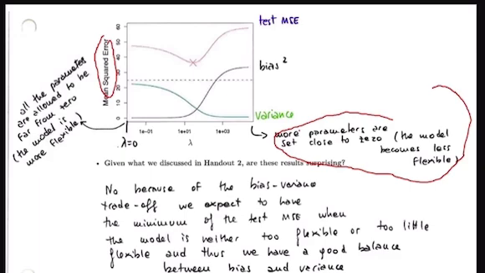So the question now is, what am I going to do? Do I want to set them very close to zero or far from zero? What we normally want is an optimal value of the tuning parameter. Now, if you take a look at what I'm displaying right now, I talk about the bias, the variance, and the test MSE.